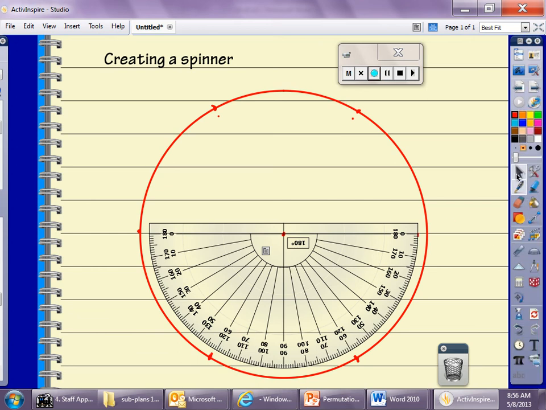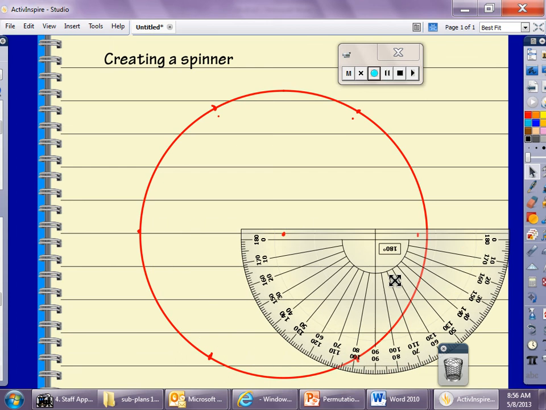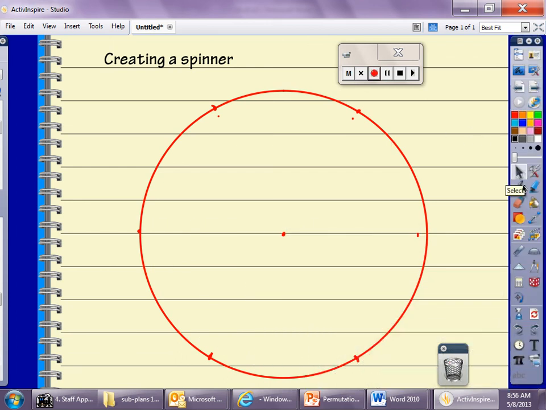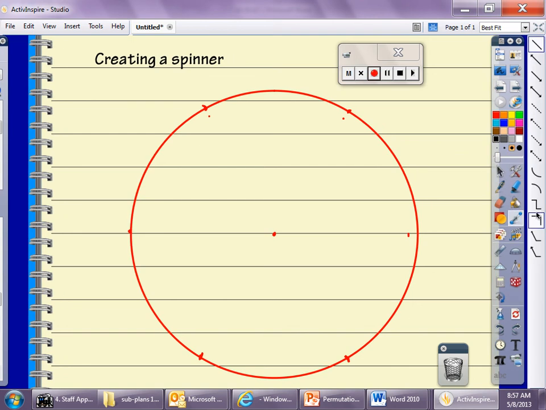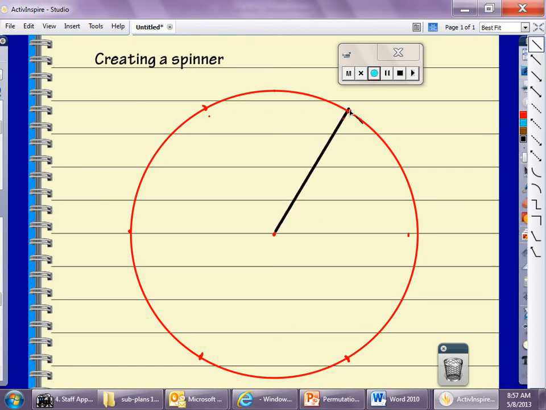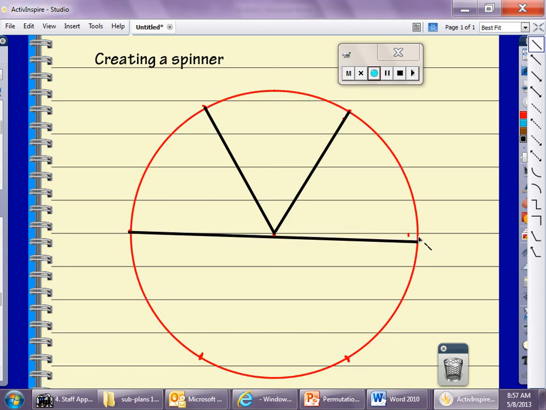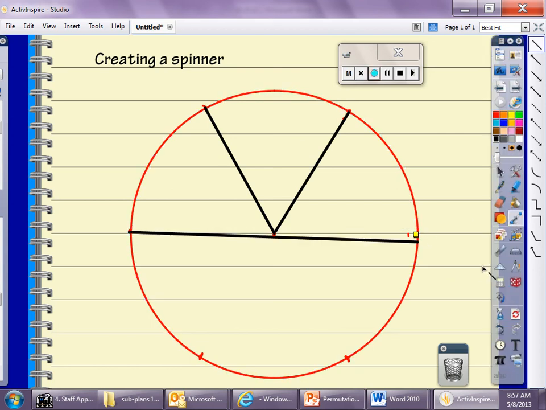Then we just take a straight edge. Now if we take a ruler, if you go from the center, just connect your points.